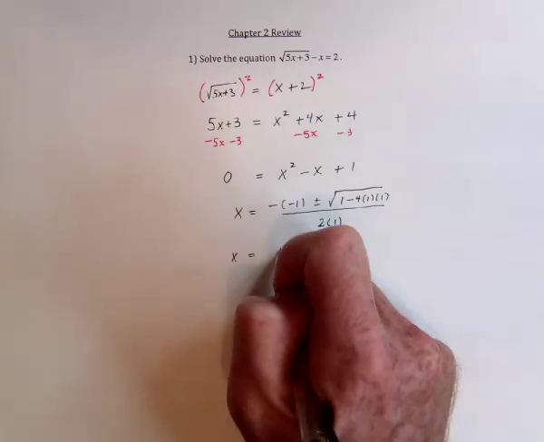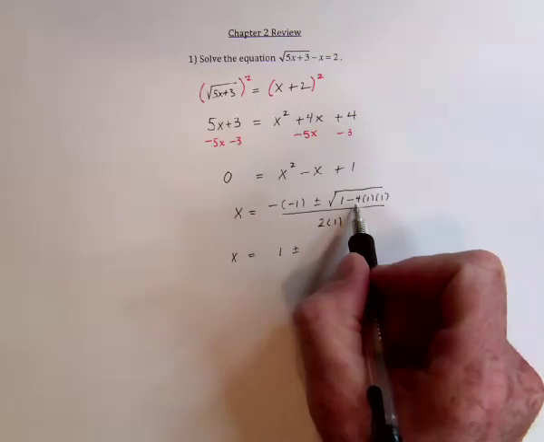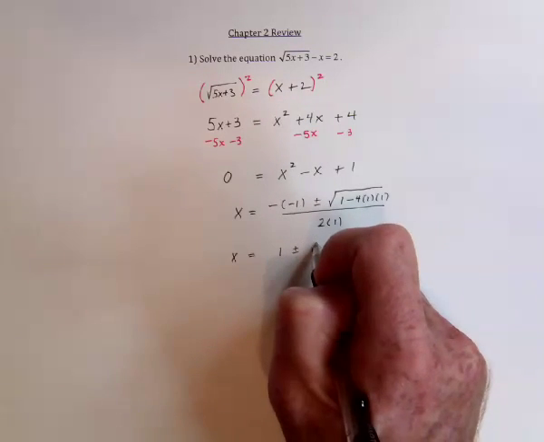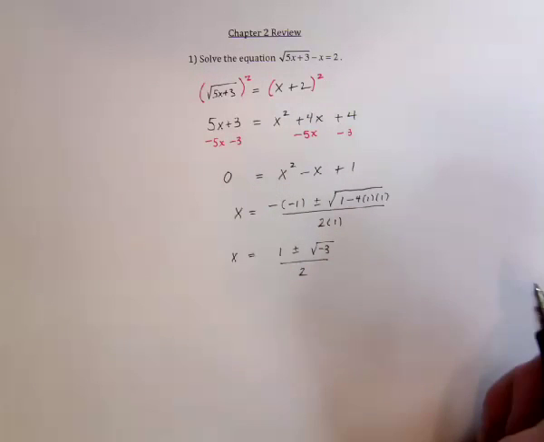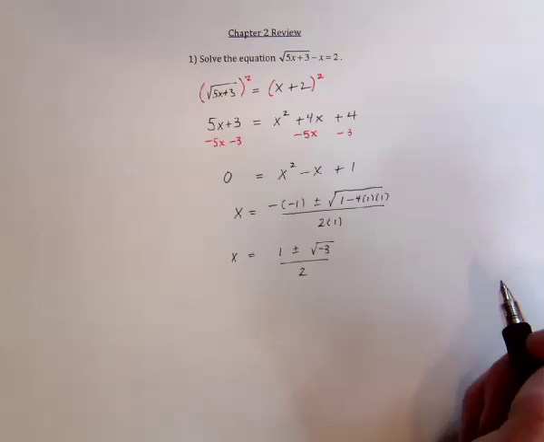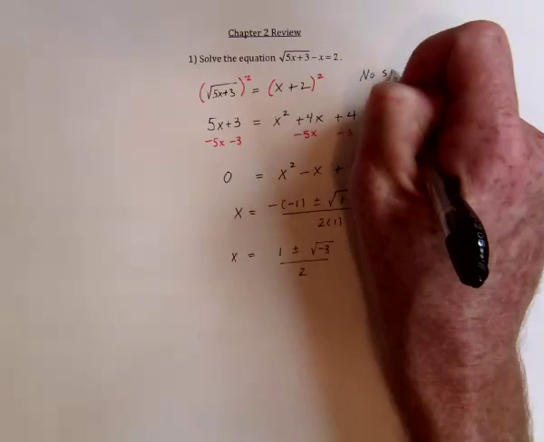So this is going to be 1 plus or minus, and then in here there's a 1 minus 4, so that's negative 3. So we've got the square root of a negative, which is a complex number, which means as far as real numbers, we've got no solution.